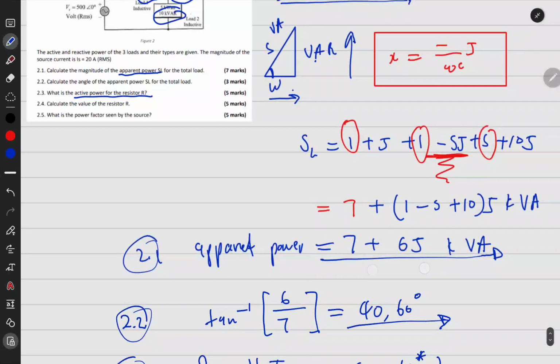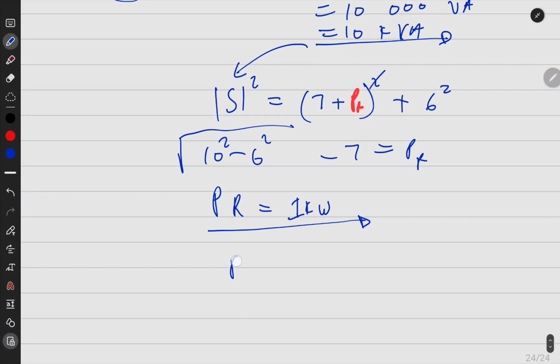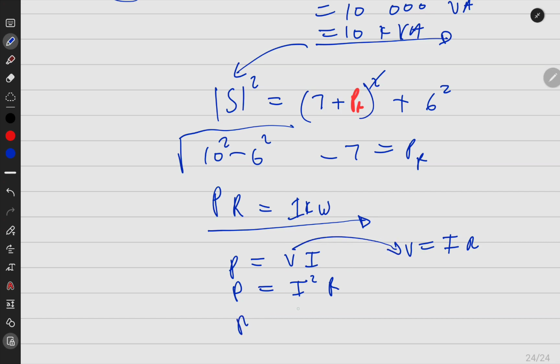So after we have solved this part, what is the value of R? I think we can say power is equal to VI, but we know V is going to equal IR. If we plug it back here, we'll have I squared R, which is the power for R. We're trying to get R. The current was given to be 20, if I'm not mistaken, all squared.